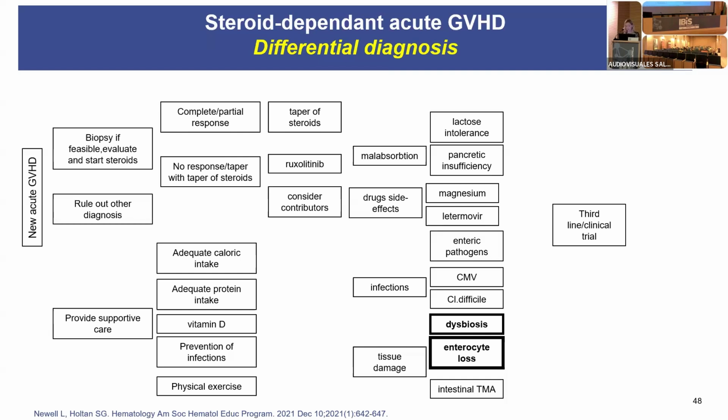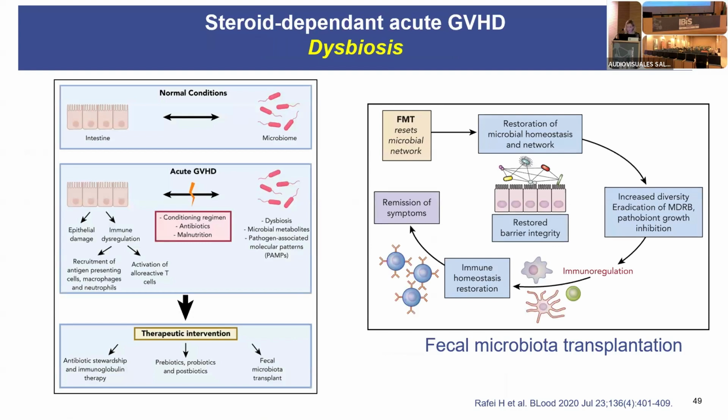There are things not related to GvHD such as malabsorption, drug side effects, infections, which I mentioned at the beginning, but also tissue damage related to dysbiosis and enterocyte loss. Which actually means that this is something to be worked on instead of adding on a third line of immunosuppression.